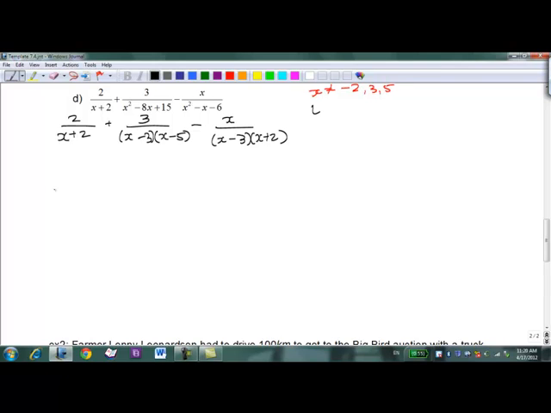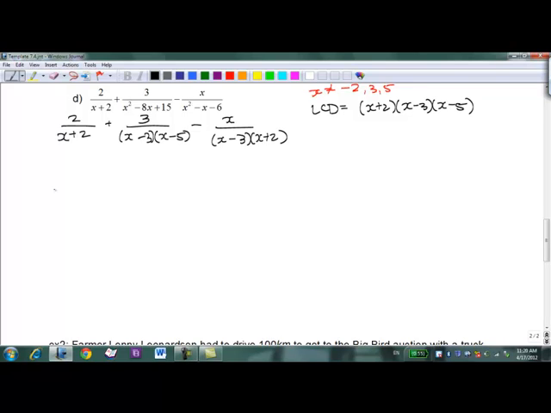Our lowest common denominator here, x plus 2, it doesn't look like there are any coefficients. x minus 3 looks like one, and x minus 5. It's a good idea to take a look at the lowest common denominator and compare it to what x can't equal, the non-permissible values, because that should correlate pretty well.